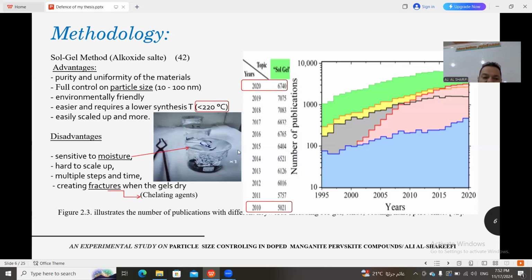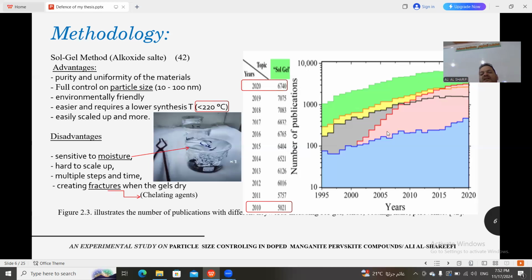It can also create fractures at the third step, the drying, because I use the gelating agent. And scaling up takes multiple steps and time.